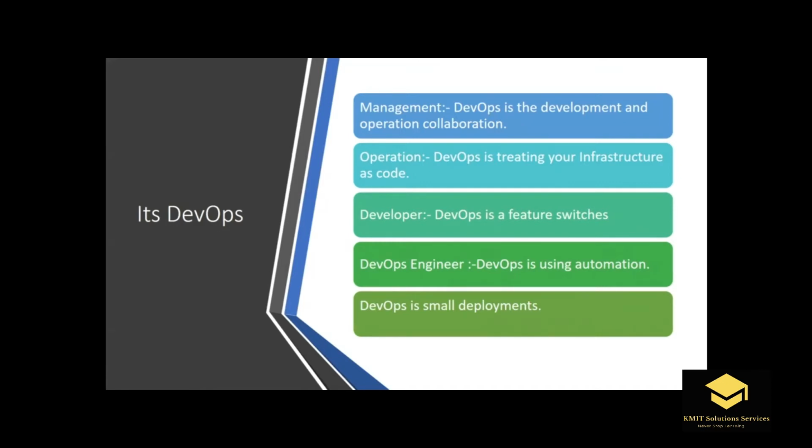For the developer, it is a feature which we can turn on or turn off. For the DevOps engineer, it is complete automation. And DevOps means small deployments. It is not a huge amount of deployment, but it is in the form of chunks.